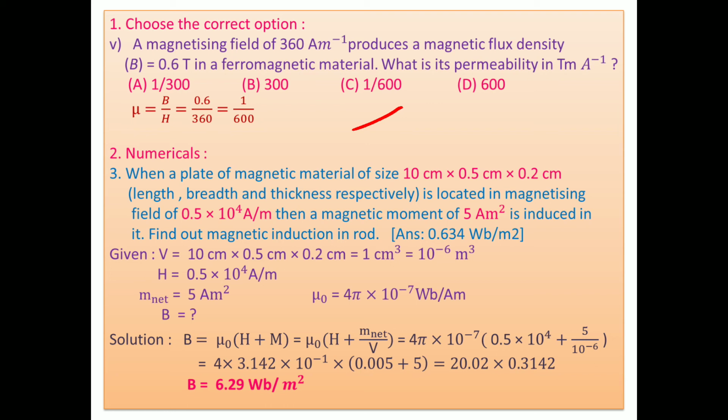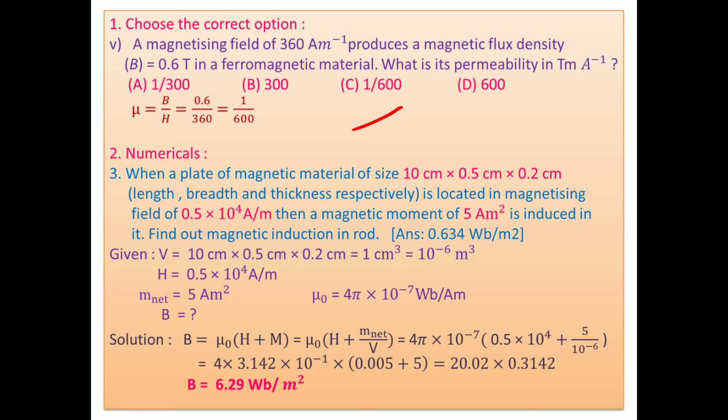When a magnetic moment of 5 ampere meter square is induced in it, find the magnetic induction in the rod. The answer is given directly in your book: 0.634 Weber per meter square.